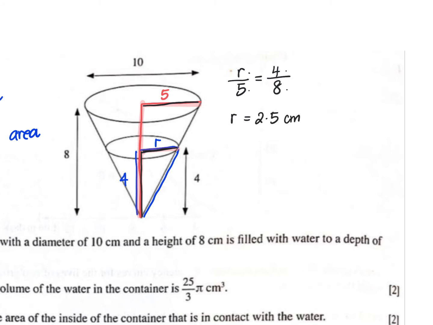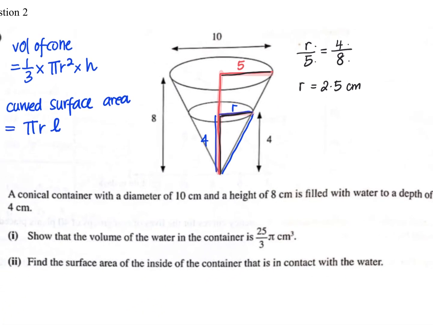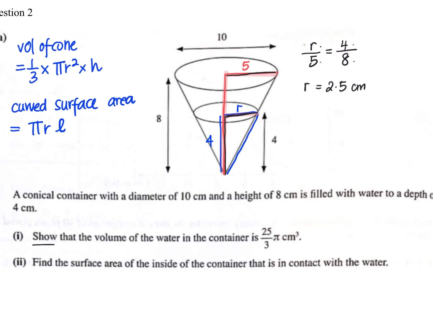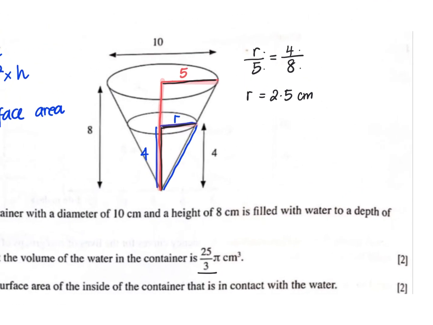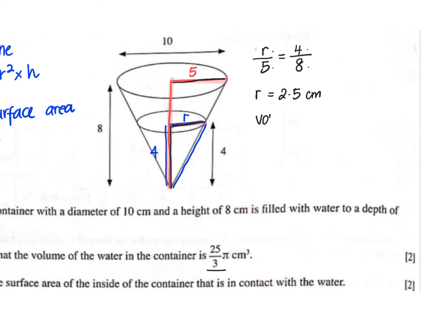After we found the radius to be 2.5 cm, we can now happily find the volume. When the question says show, it is actually equivalent to find the volume, just that you must make sure the answer is 25 pi over 3. So now let's find the volume. Volume of container is given by 1/3 times base area, which is pi r square, 2.5 square, times the perpendicular height. The height of the water itself is only 4.